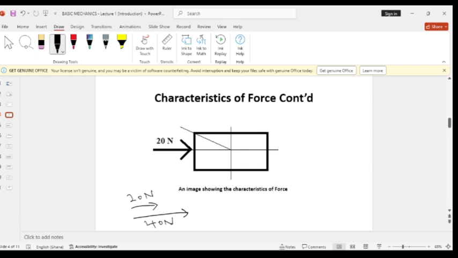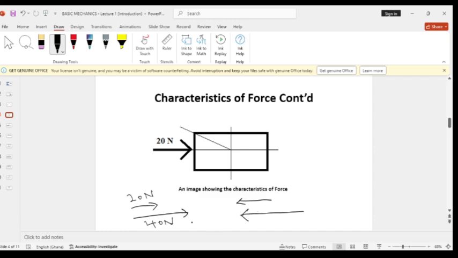It means that the force is moving from left to right. That is the direction of that force. In another example, if I had them this way, then this shows a different direction, from right to left. So forces are characterized by one, their magnitude, and two, their direction.